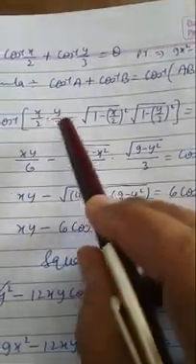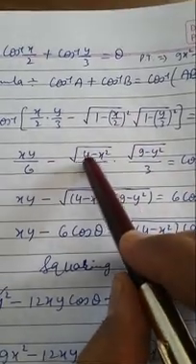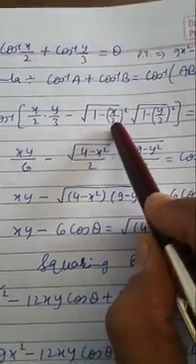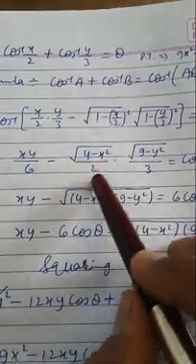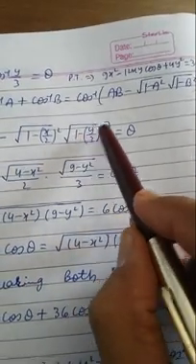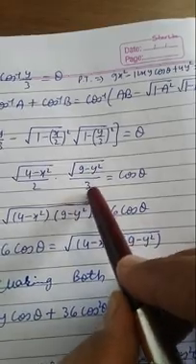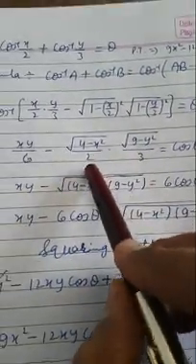Now xy upon 2 3s are 6 minus, take the LCM, it is 4 minus x square, and 2 square comes out from under root, so it is 2. Similarly, it is 9 minus y square, and 3 square comes out from under root, it is 3. So 2 3s are again 6.